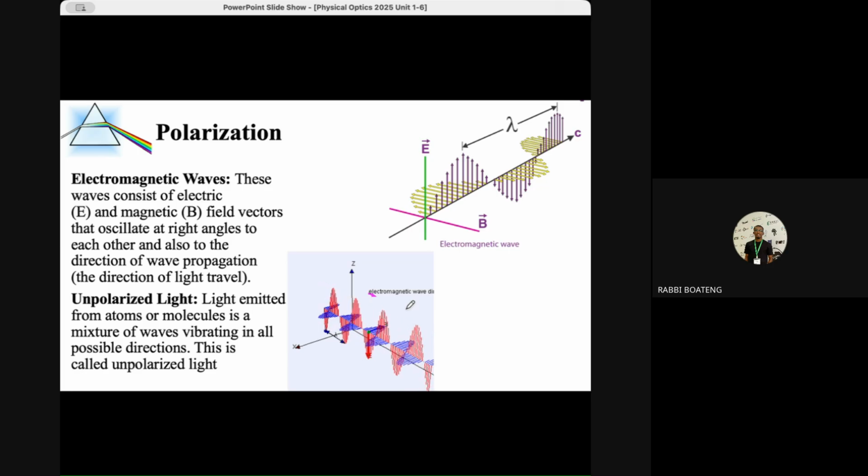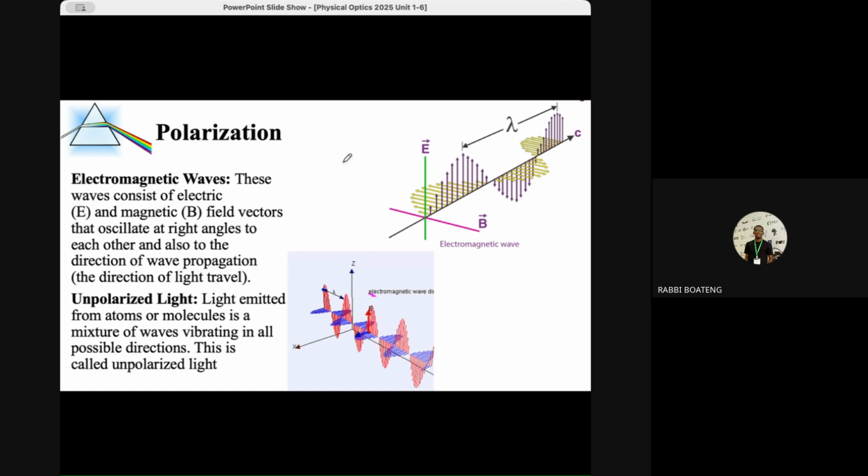Now, when you are talking about unpolarized light, even in your room, the light that is looking at you is unpolarized. All the random lights are unpolarized. These lights are emitted from, say, some atom, but their vibration pattern is very important. And this time around, their vibration pattern is in all angular directions.